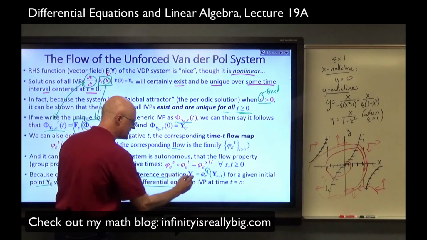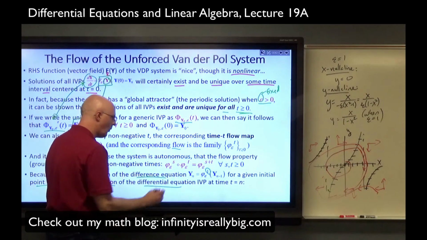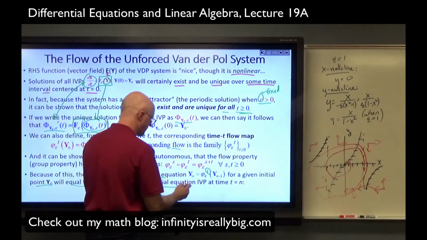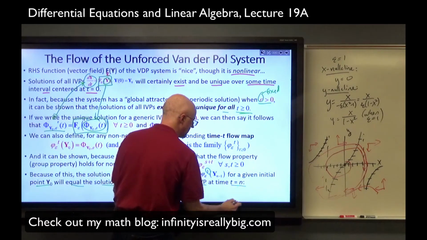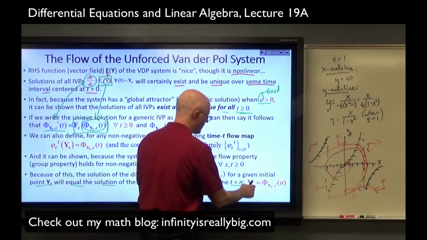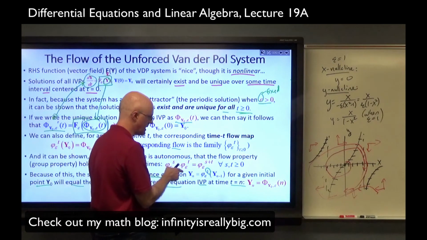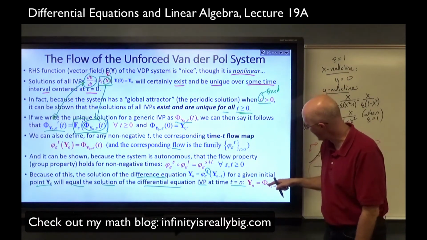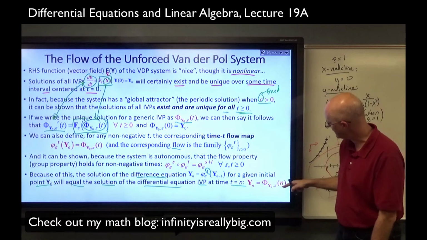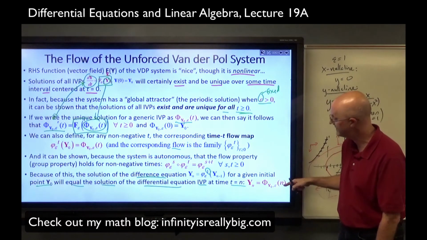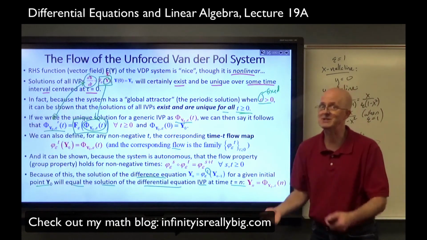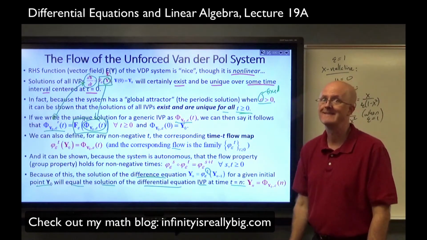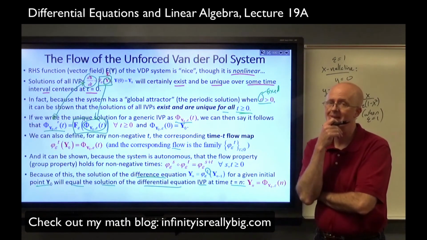This is a difference equation up here. y_n is going to equal the solution of the differential equation IVP at time t equals n. Boldface y sub n that comes from this difference equation equals, now we go back to the capital Phi solution function of the differential equation, plug in t equals n.